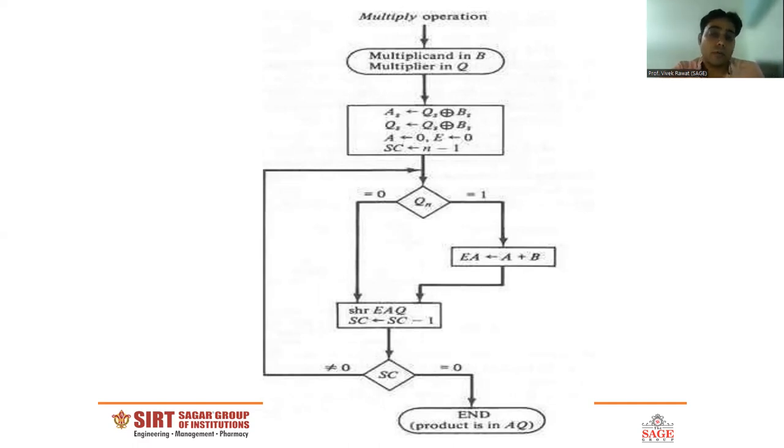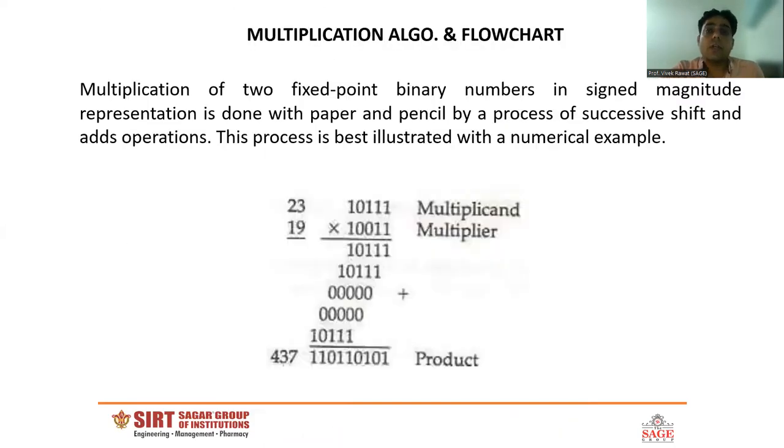First of all, we need to discuss what is multiplication. We all know the process of multiplication. Suppose we want to multiply two numbers, 23 and 19.